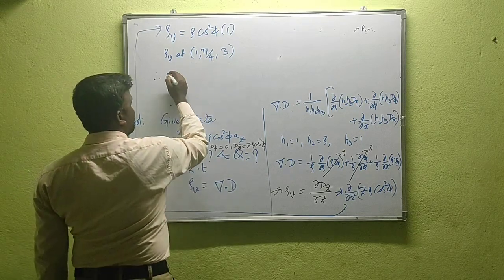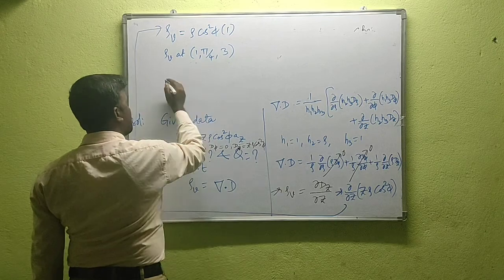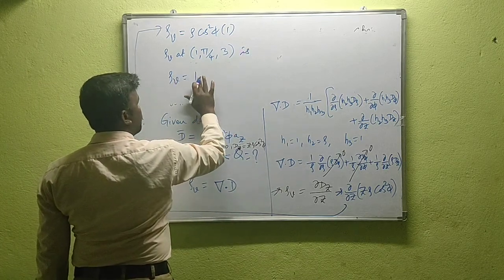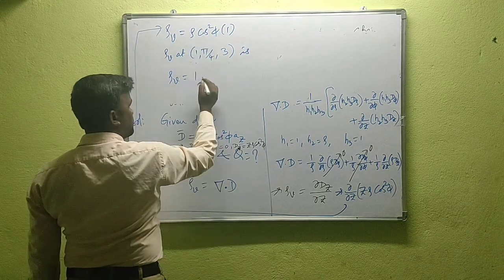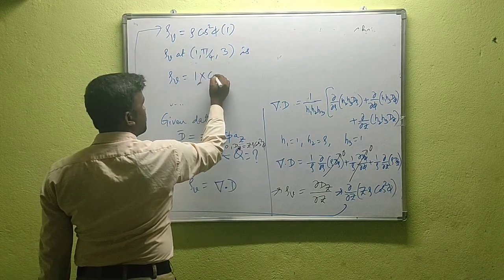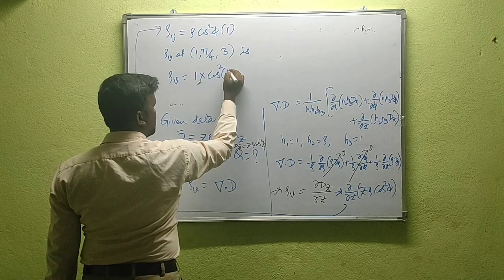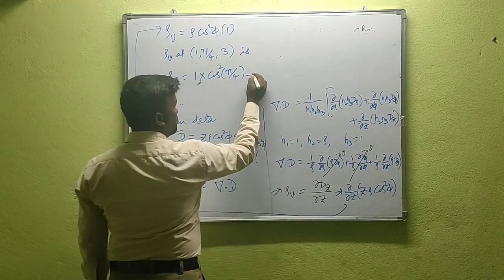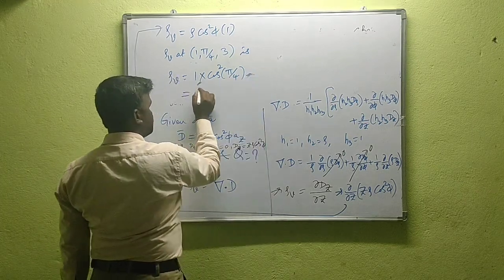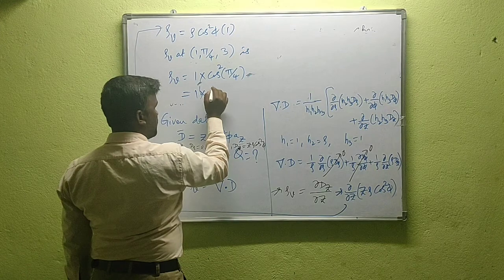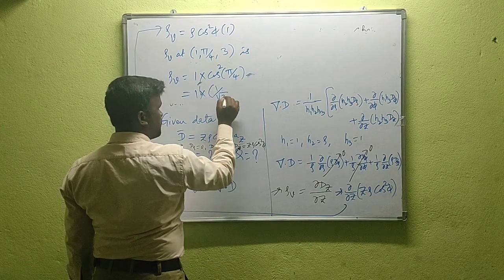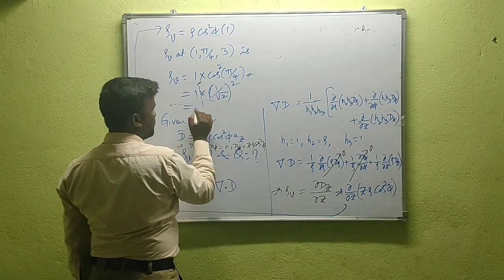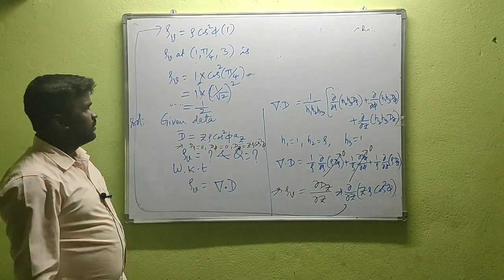Therefore, rho v at that point is the rho value 1 into cos square phi, that is cos square of π/4. Cos π/4 is 1 by root 2, and as it is squared, we get 1 into (1 by root 2) whole square, which equals 1 by 2.